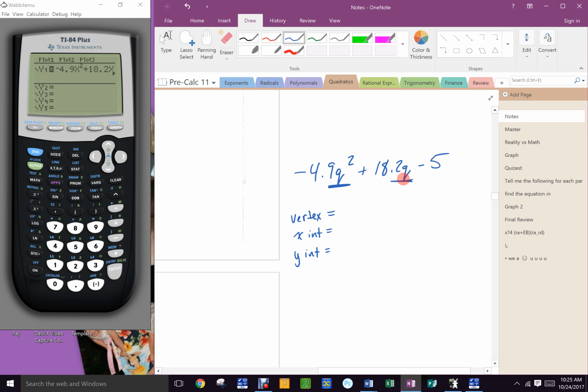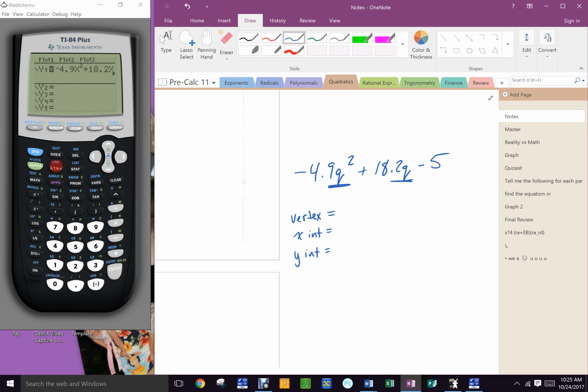I used Q on purpose, because your button on your calculator does not show Q. It shows X, T, theta, and N. Could your calculator button be big enough to put every single thing you could put in for a variable? No, because there are infinite things you could put in for a variable. So you have to push that X, T, theta, N button.